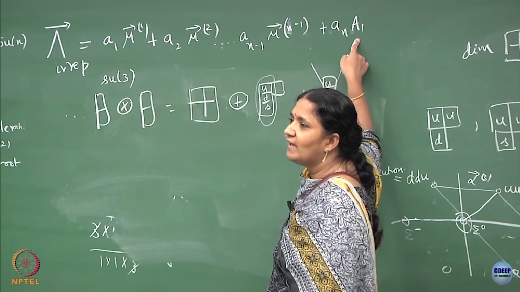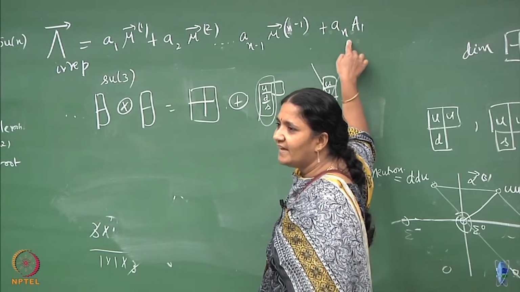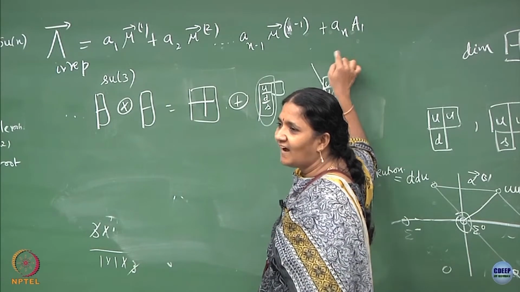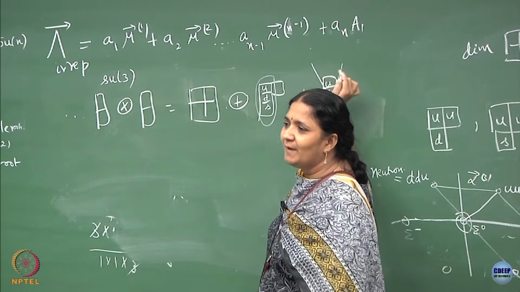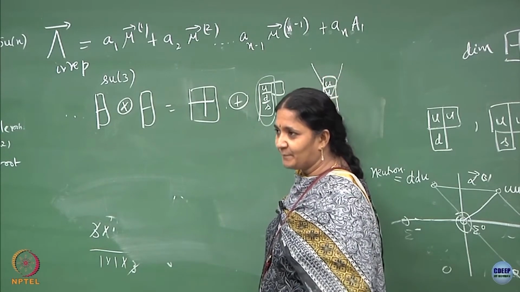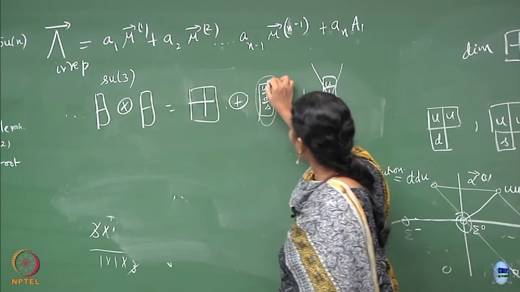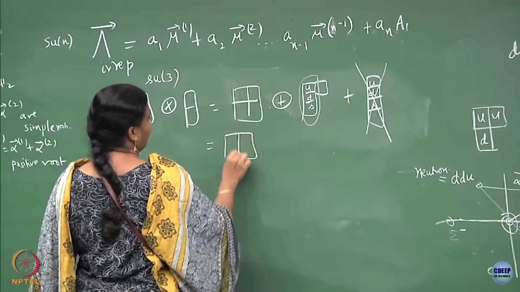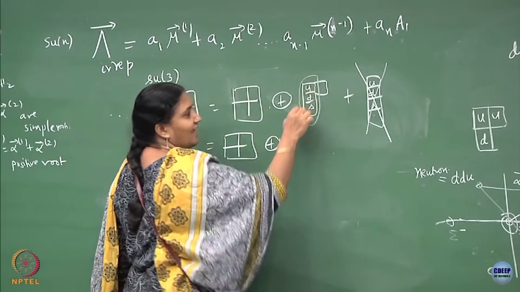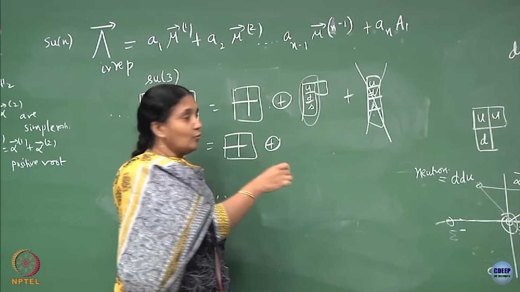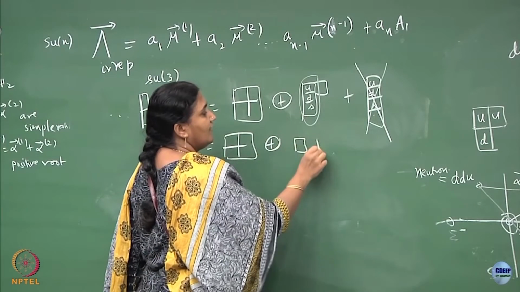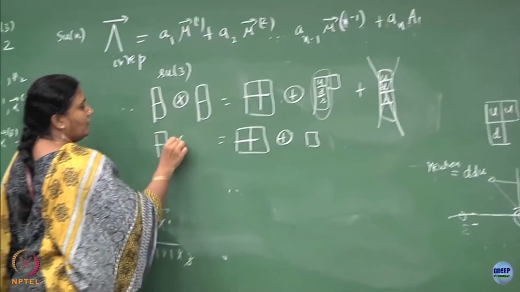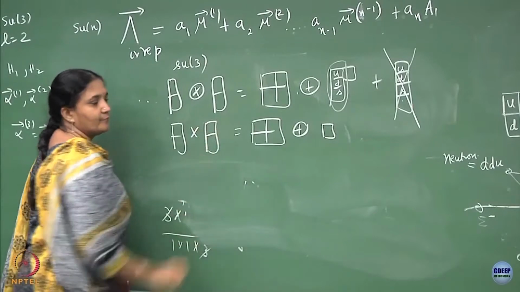This is like your trivial unit representation. It does no harm because it is like an identity state. Anything you multiply with it, nothing happens. So this one also I can remove and write this as if it is this. These are the 2 possibilities for SU3.